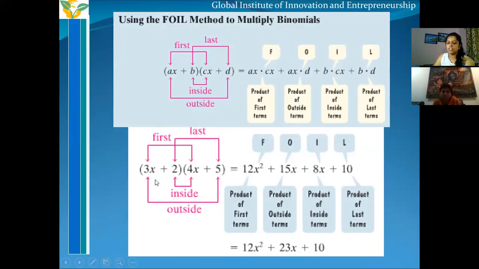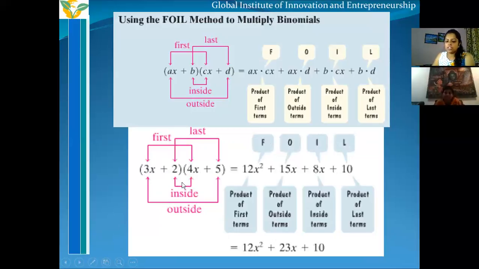So I have considered an example for you all here. Let's take 3x plus 2 in one bracket and 4x plus 5 in another bracket. What is the method I'm using here? FOIL: product of first terms, product of outside terms, product of inside terms, product of last terms. The first terms are 3x and 4x. 3 into 4 is 12, x into x is x square.